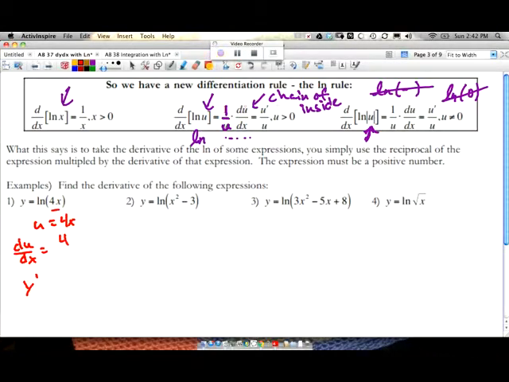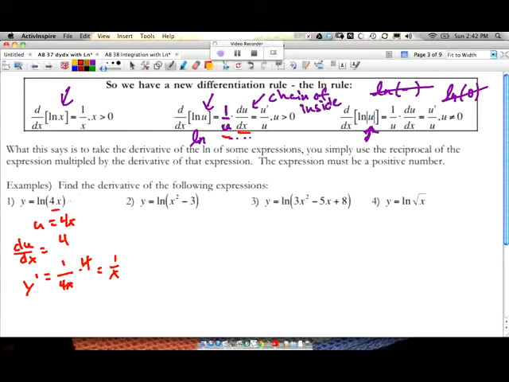So y prime, if I follow these steps, is going to be 1 over u times du dx. So 1 over u, that's 1 over 4x, times du dx, which in this case is 4. And the 4's simplify, and we do just have 1 over x. So that's kind of interesting too.